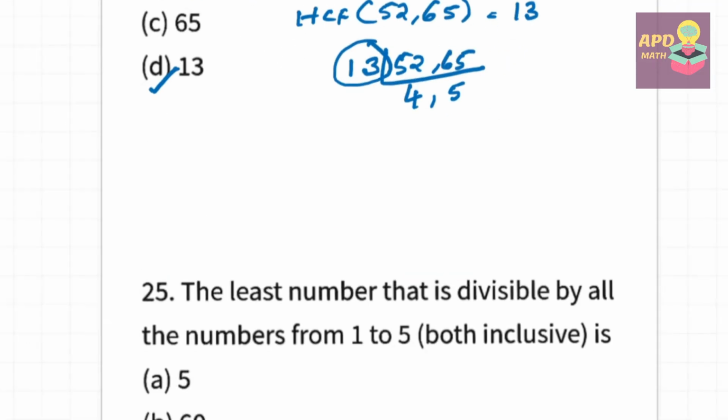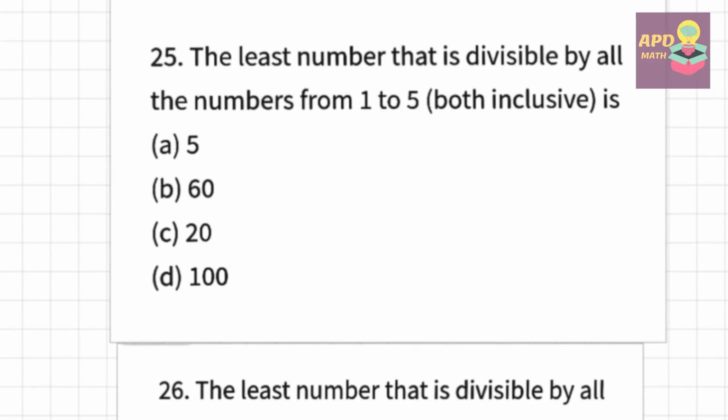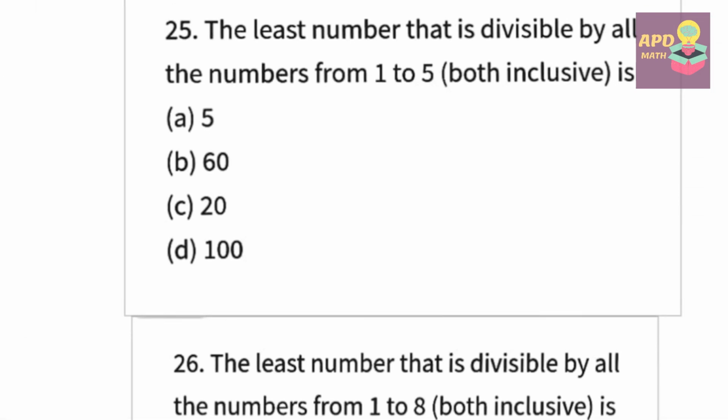Now the next question is the 25th question: the least number that is divisible by all the numbers from 1 to 5 is. The four options are 5, 60, 20 and 100. The least number means we have to find the LCM, least common multiple.